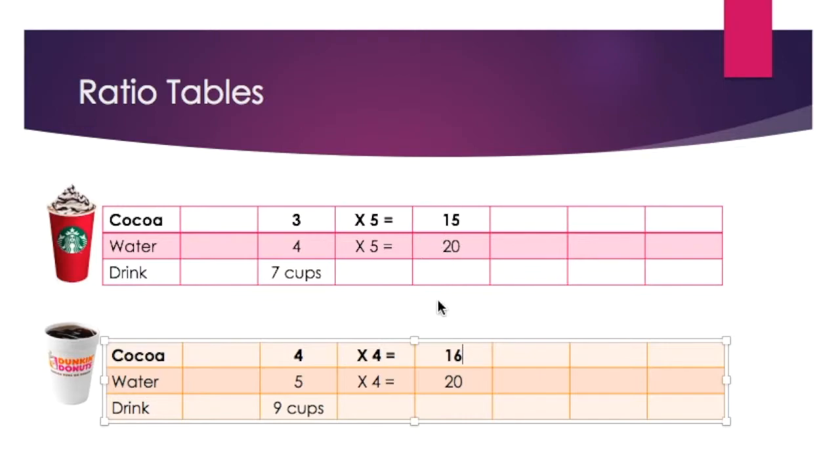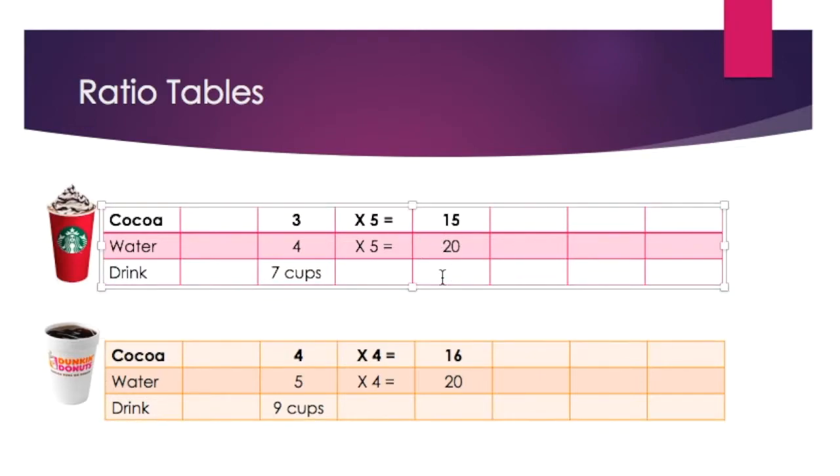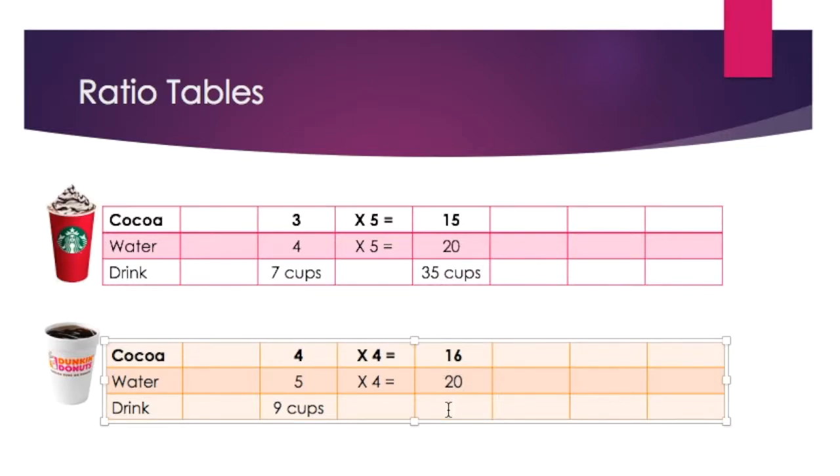Now, my total amount of drink is 35 cups in my Starbucks recipe and 36 cups in my Dunkin' Donuts recipe. So those are actually pretty close overall liquid quantities. However, the important thing is that I'm starting with the same amount of water, because now I can look at the amount of cocoa and decide which has more.